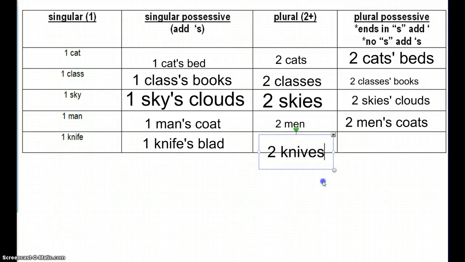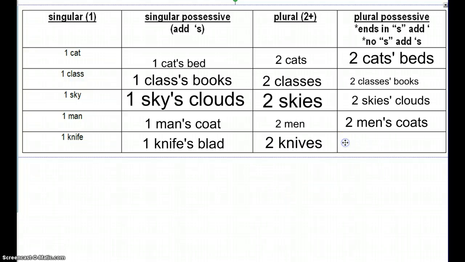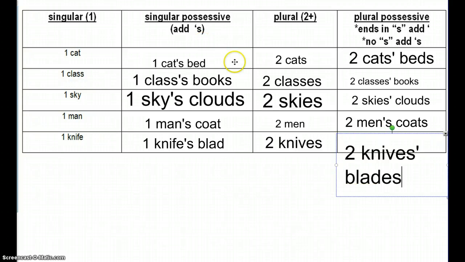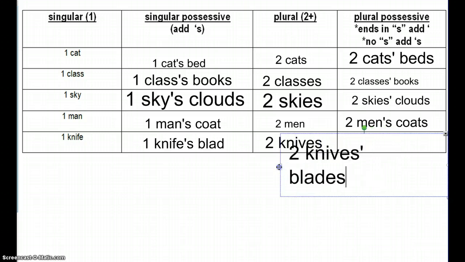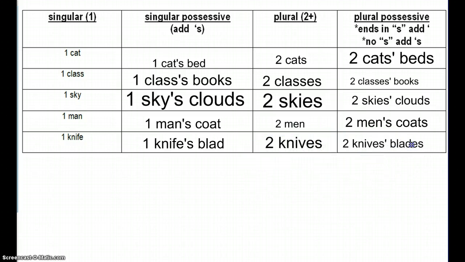And so your F changes to a V, kind of like wife and wives. So now if I want to show the two knives, I look at my plural form, it already ends in an S, so I have to add just an apostrophe. Two knives' blades. And so this is the rule for how to use possessives. Oops, and I see my typo over here. Okay.